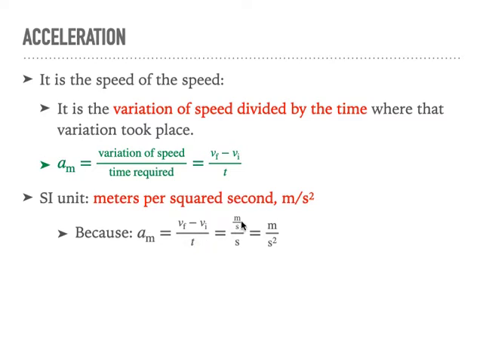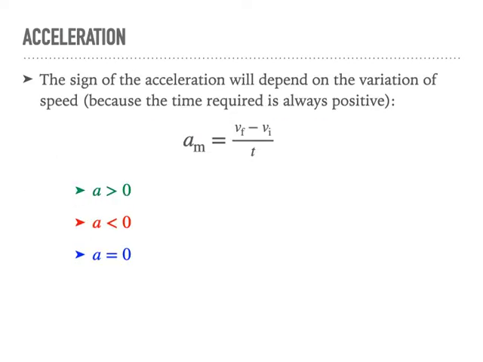If we divide this by time in seconds, we have meters per square second. So that's the unit, meters per square second. In the international system, of course, you can have it in any other unit, like kilometers per square hour, but you know how to do the transformation of units. So we are going to talk about the meaning, not about conversion, because you know that already from other videos.